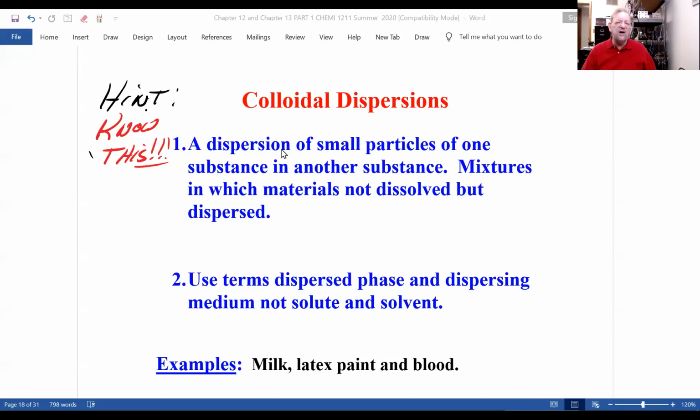What's a colloidal dispersion? Well, a colloidal dispersion is a dispersion of small particles of one substance dispersed, that's why it's called dispersion, in another. It's homogeneous, but it's not truly a solution because in these mixtures, the materials are not truly dissolved, they're dispersed.